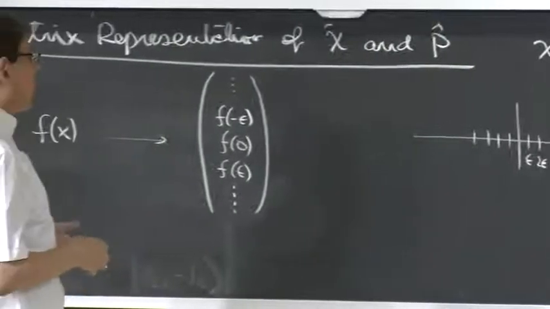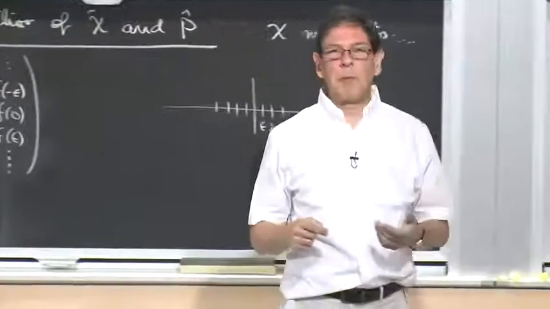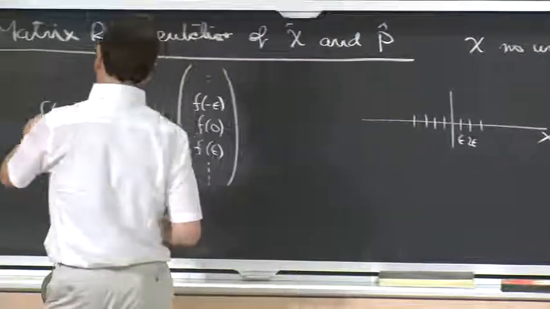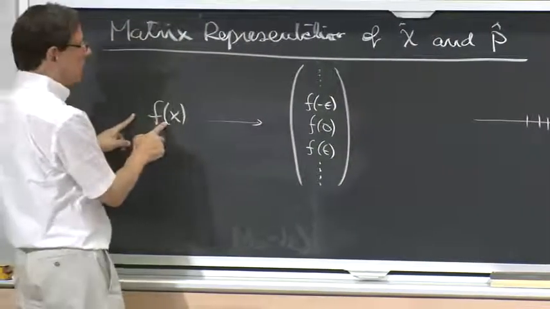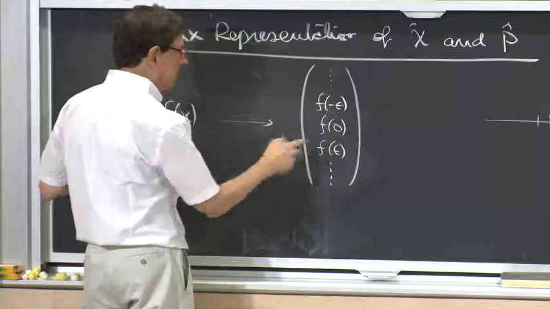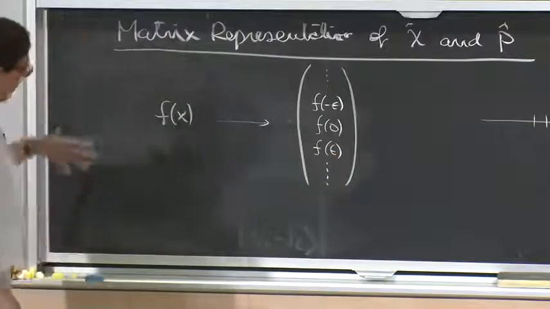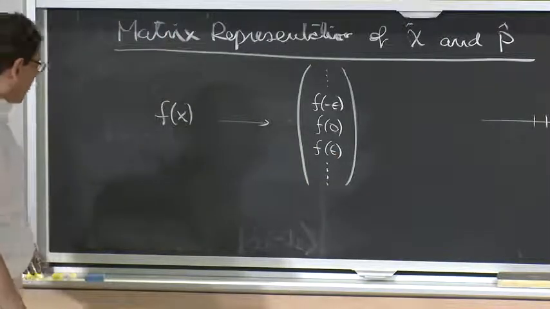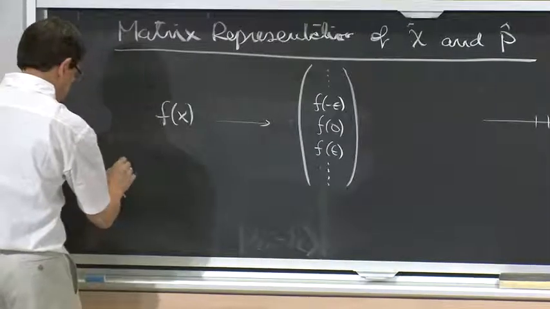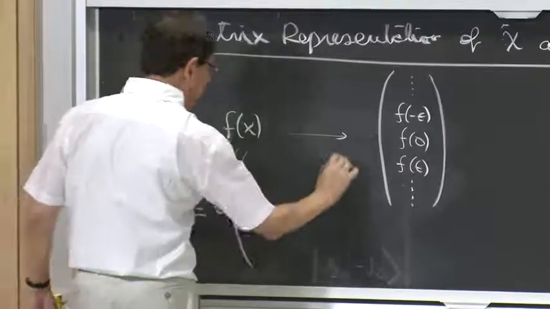Now we want to think of the position operator, the x operator. What does x do? We said it just multiplies the function by x. So x acting on f of x would give minus epsilon times f of minus epsilon, 0 times f of 0, epsilon times f of epsilon. So if I think of it as a matrix, I would have that x would be epsilon times a diagonal matrix.